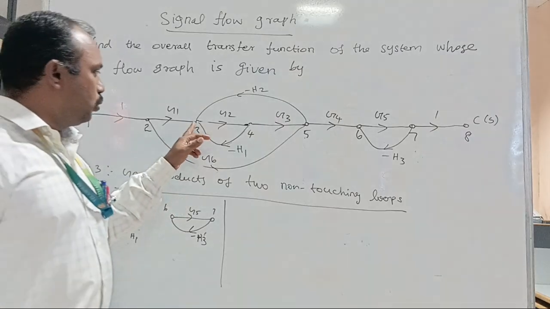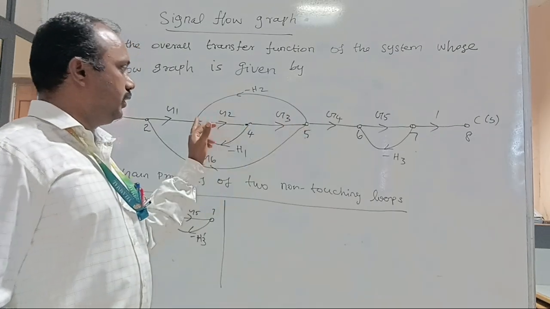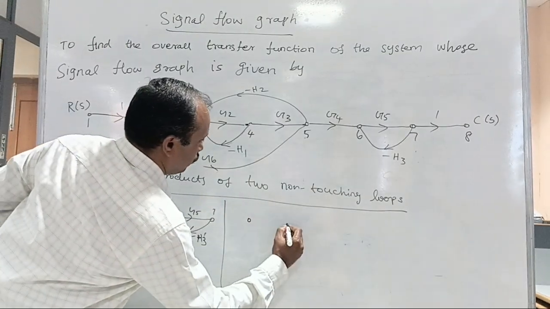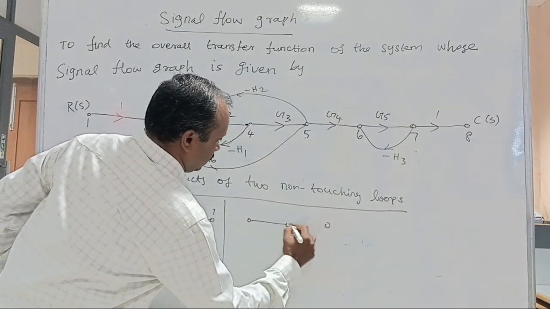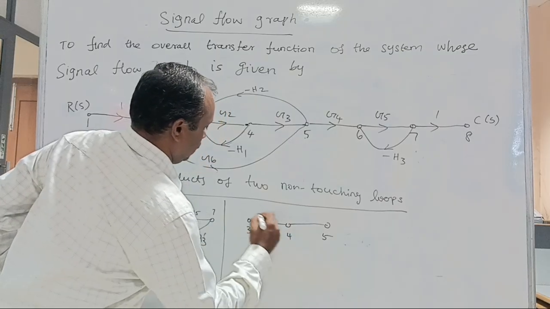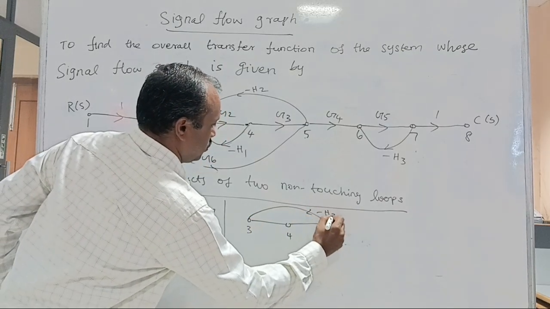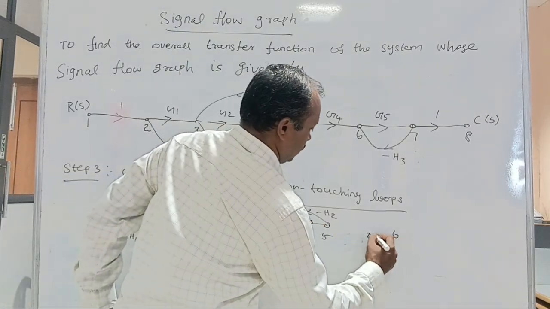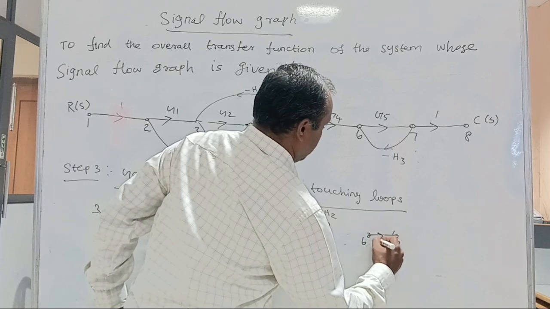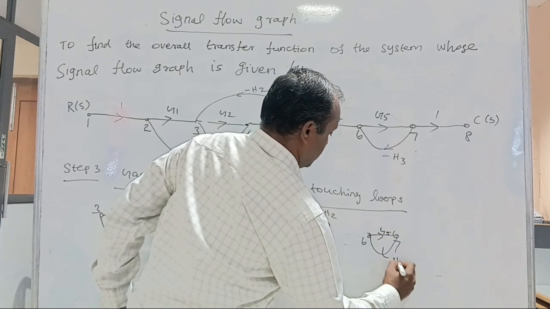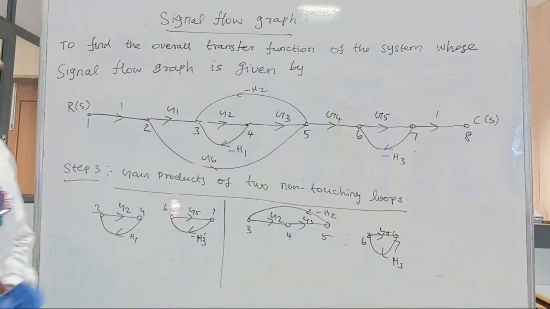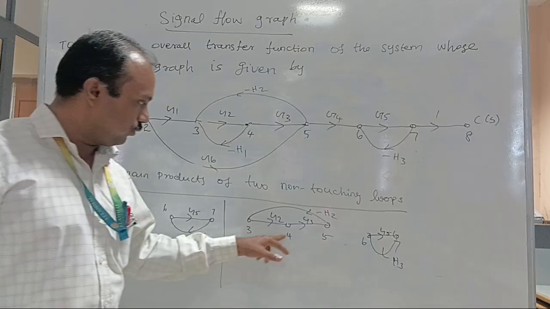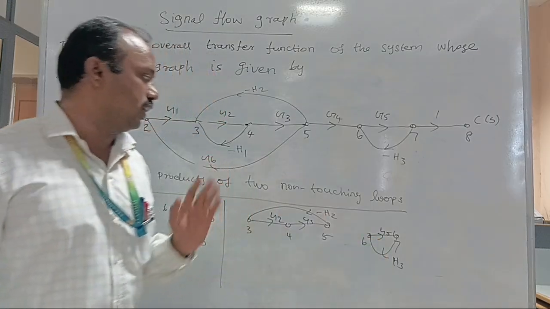Then again the loop 3, 4, 5 with 6, 7 is also a non-touching pair: minus G2 G3 H2 with G5 minus H3. Both are non-touching.